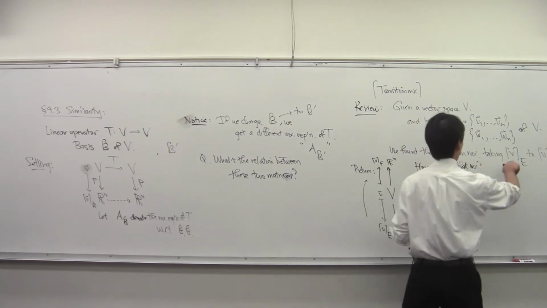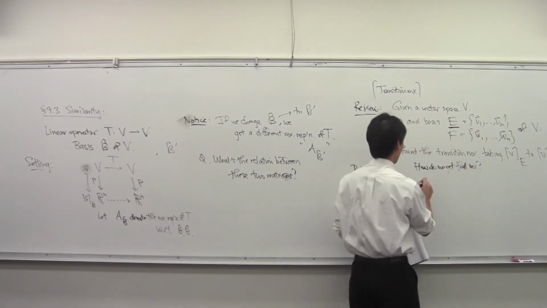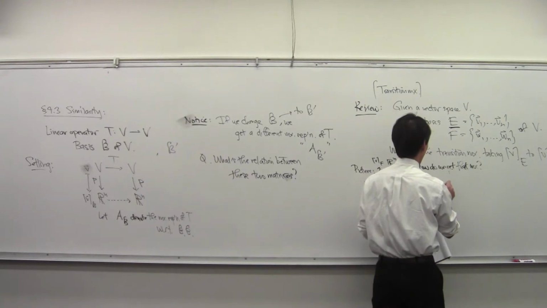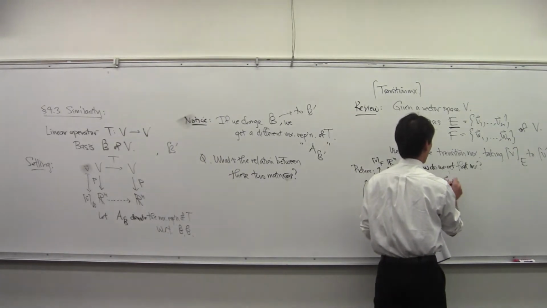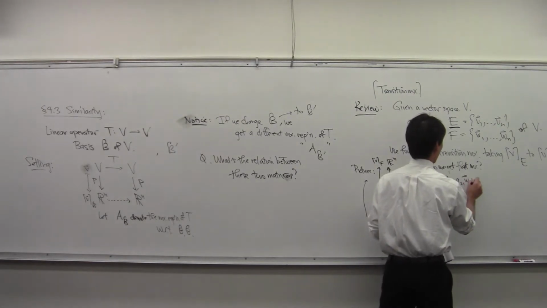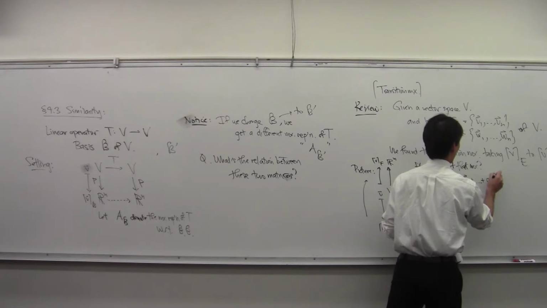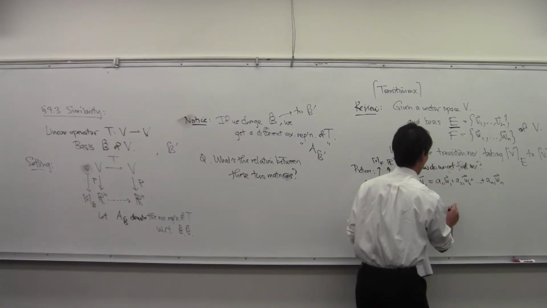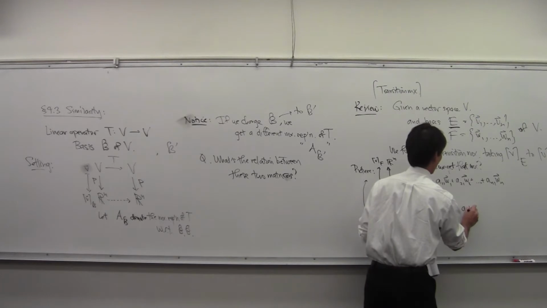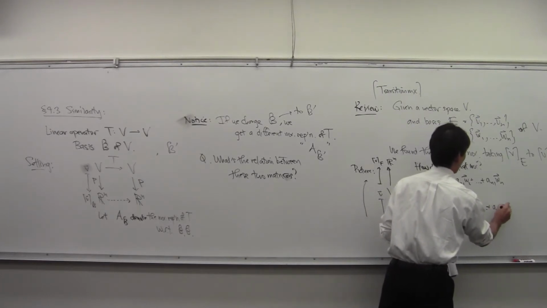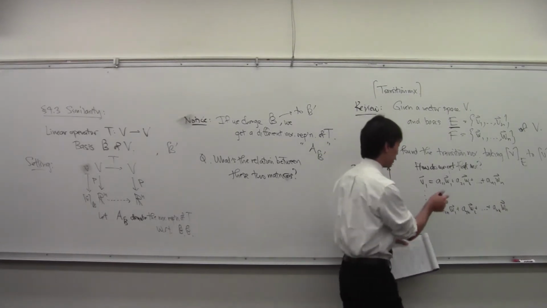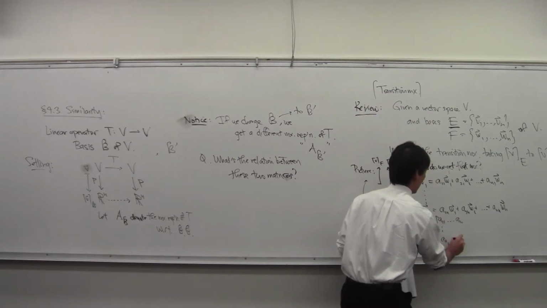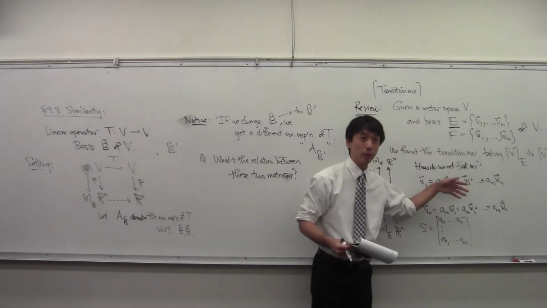You expressed each element of your initial basis in terms of the target basis, so you got a11 w1 plus a21 w2 plus an1 wn, et cetera, and a1n w1 plus a2n w2 plus and so on, and then the matrix S, which was a11, a1n, an1, ann, namely the transpose.